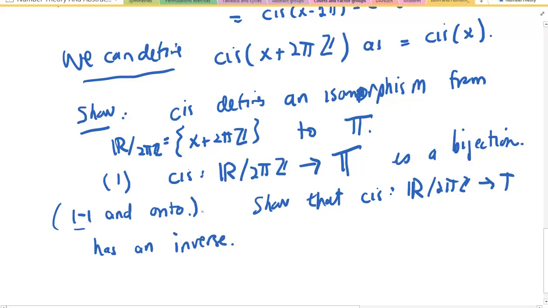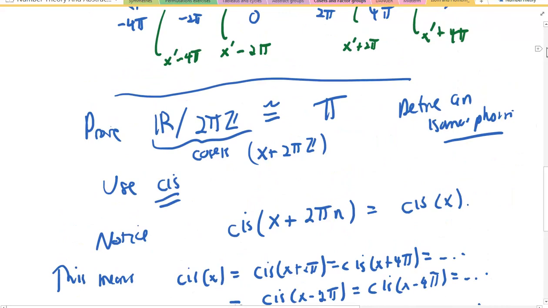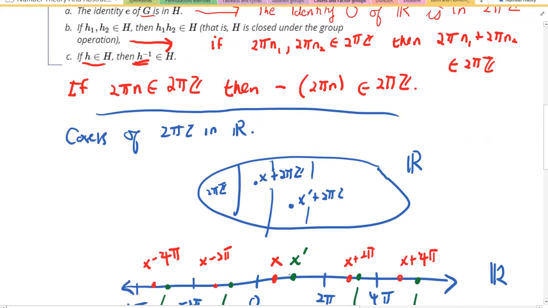So let's say a little bit about both of these. First of all, how would you show cis from here to here is one-to-one? Well, you'd have to take elements from two different cosets and show that they have two different results.